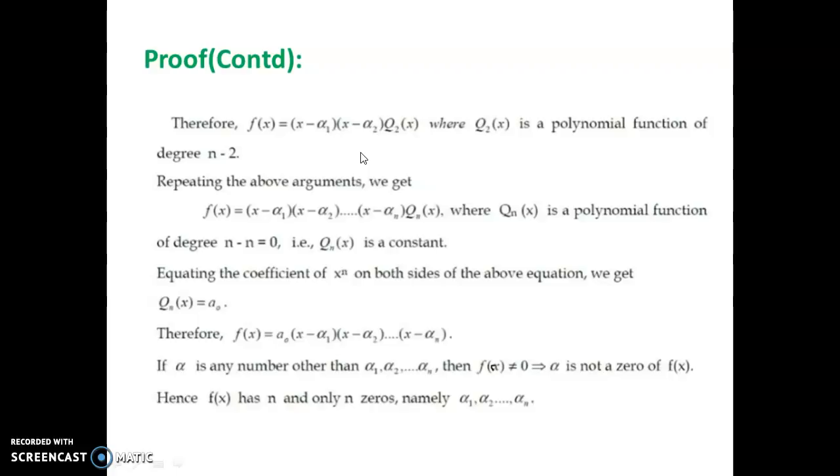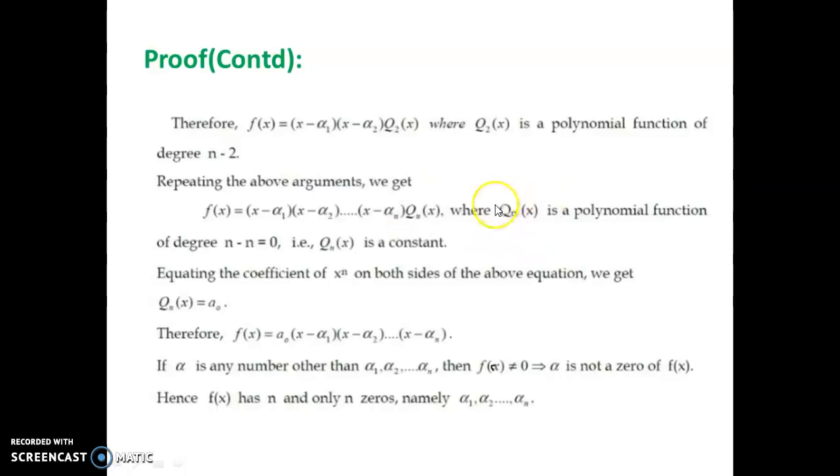Then at some stage we will reach f(x) = (x minus alpha 1) into (x minus alpha 2) into etc. (x minus alpha n) into qn(x), where qn(x) is a polynomial of degree n minus n, that is equal to 0, because we have taken n factors outside, x minus alpha 1, x minus alpha 2, etc., x minus alpha n.